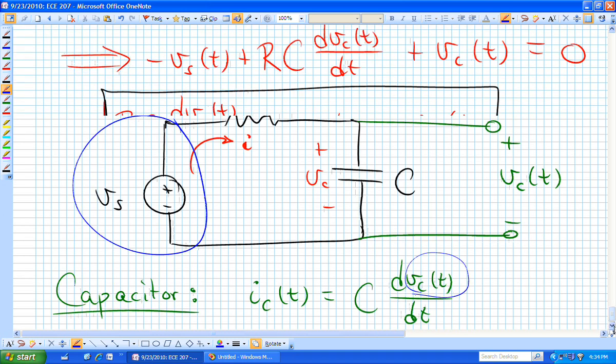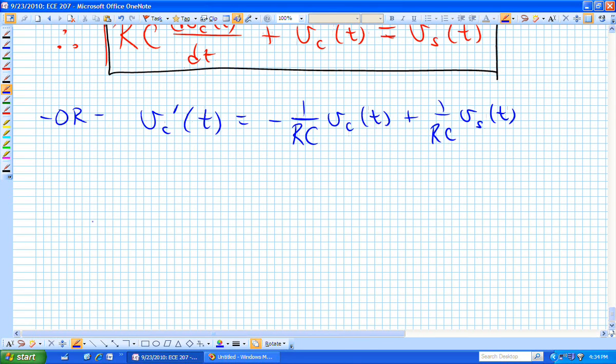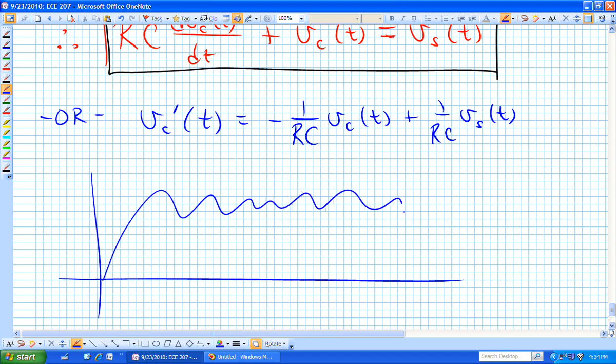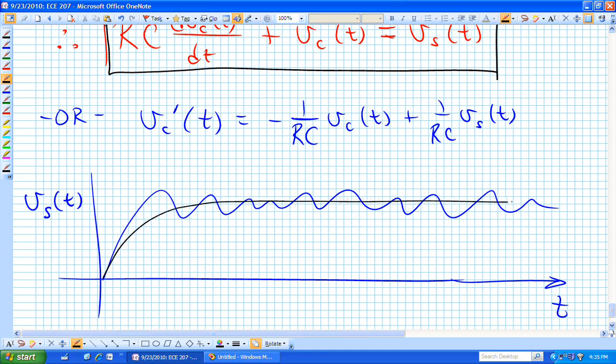If that V sub s looked like that, maybe after we filtered it with this RC low-pass filter, it now looks more like this. And this is now V sub c of t.